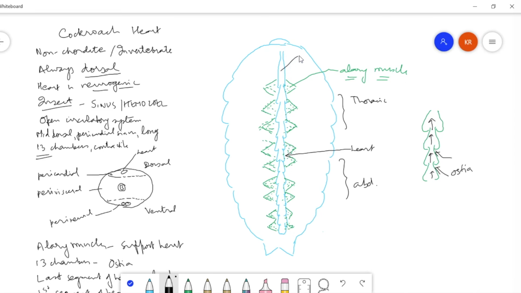This first chamber is often called as aorta. So the blood from here can now move like this or like that. It can move from the pericardial sinus to the perivisceral sinus. It can go into the legs, it can go into the perineural sinus, and it will travel through the length of the cockroach and can return back.